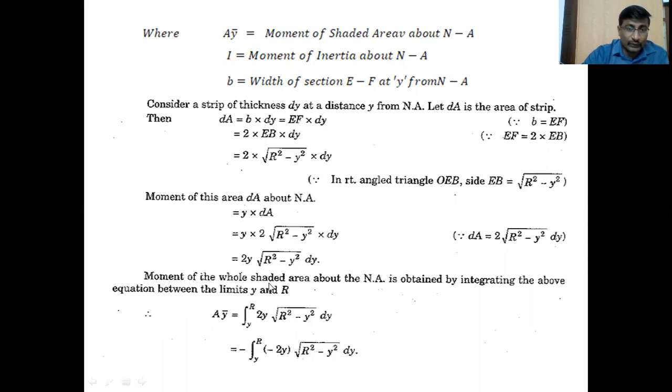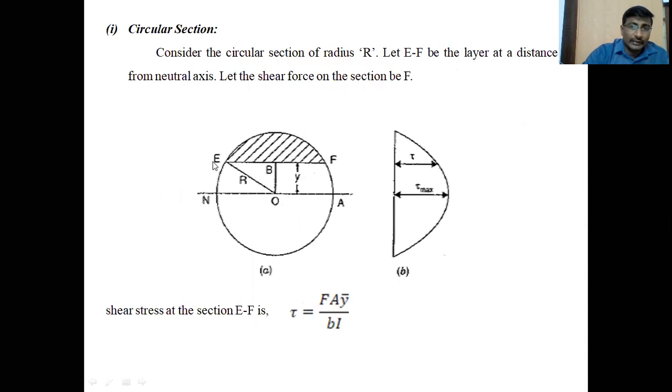So moment of the whole shaded area about neutral axis is obtained by integrating the above equation between the limits y and r. Whenever we consider the small area at this place, the area which is at a distance of y from the neutral axis, then y becomes y. If we consider the small area at this point, then y becomes r, because from neutral axis the distance is r, radius of the circle.